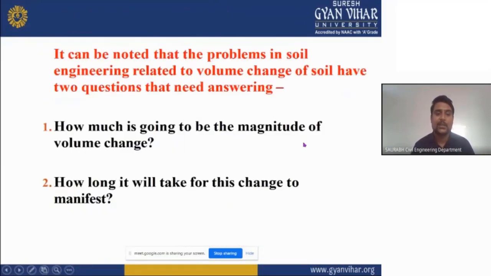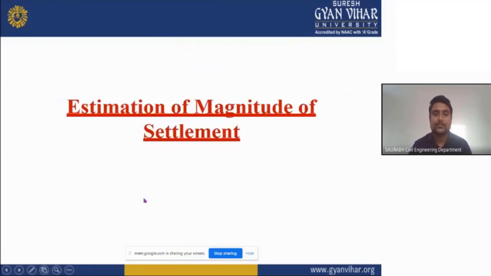Now, as you can see, it can be noted that problems in soil engineering related to volume change of soil have two questions that need answering. First, how much is the magnitude of volume change? Second, how long will it take for this change to manifest?